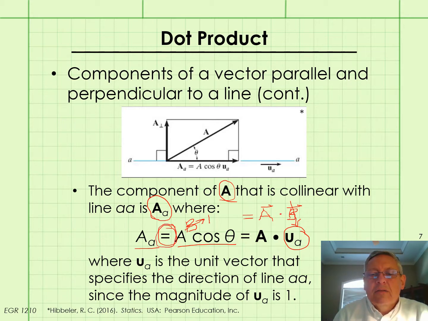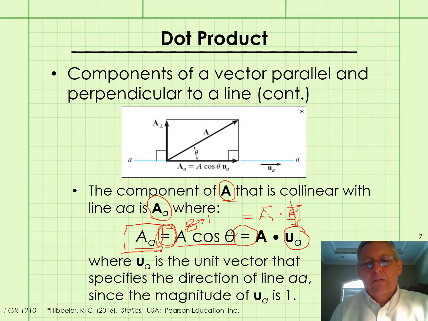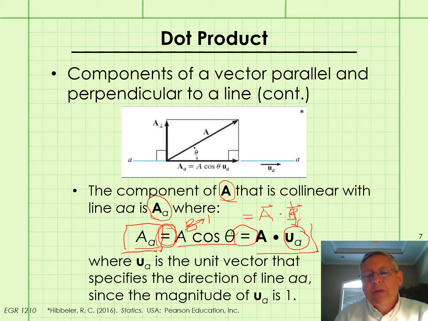So I can say that the magnitude of the component of the original vector A along the line aa is equal to vector A dot the unit vector along the line aa.